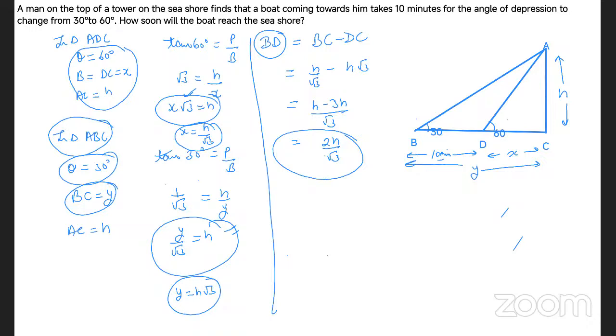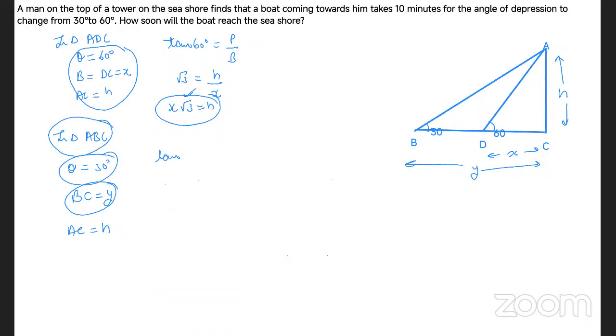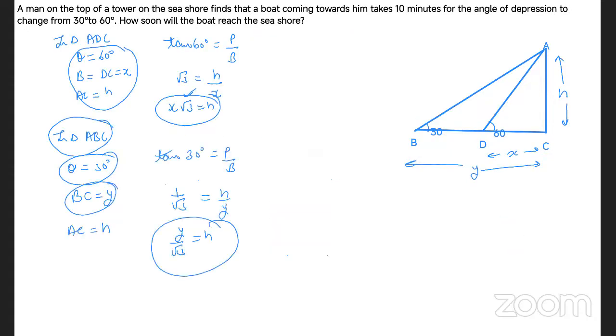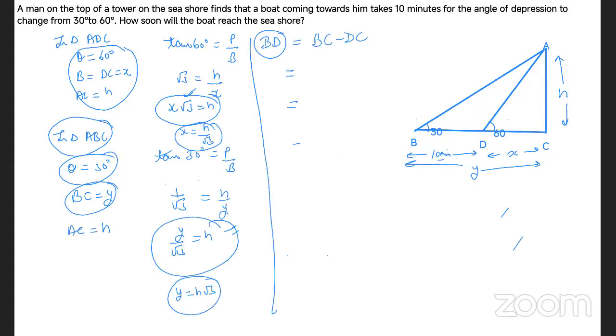Now, I did something wrong, I guess. BC is Y. BC is Y minus X. Now Y is H√3 and X is H by √3.